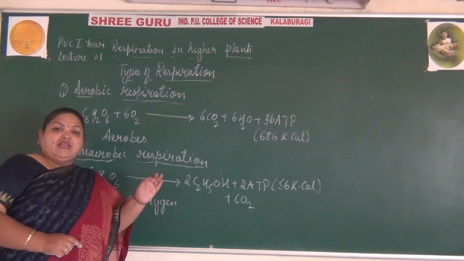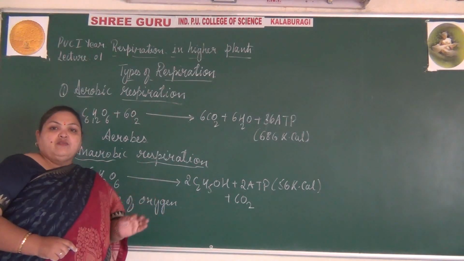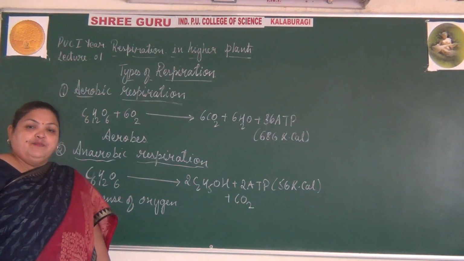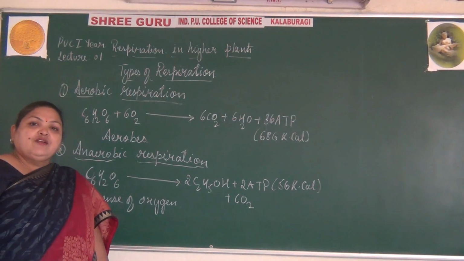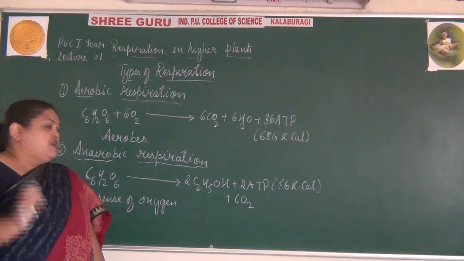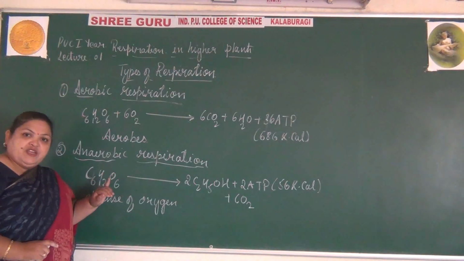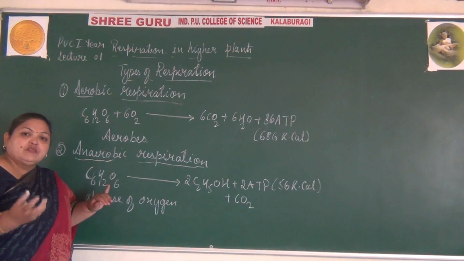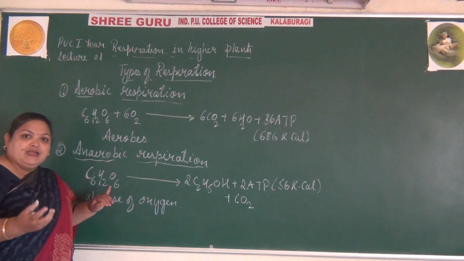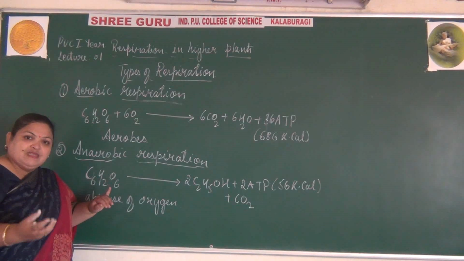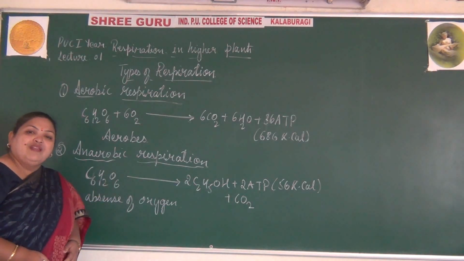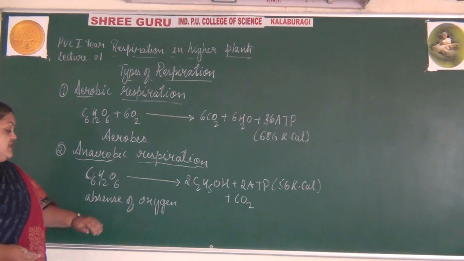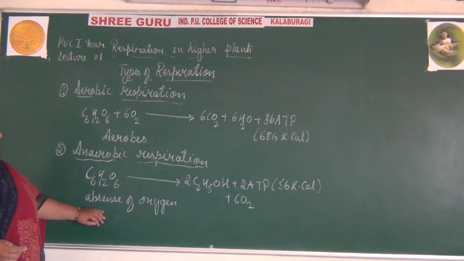The milk sugar, that is lactose, is converted into lactic acid, or the curd. Curdling of milk is a good example for anaerobic respiration, where the lactose in the presence of lactic bacteria or lactobacillus is converted into lactic acid. That process is the fermentation process, which occurs in the absence of oxygen.